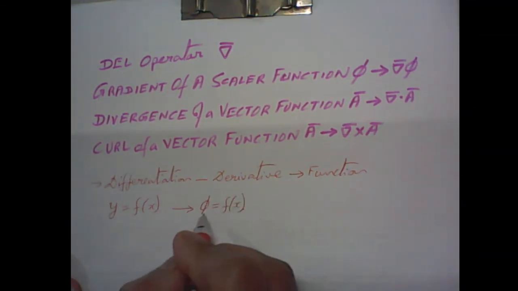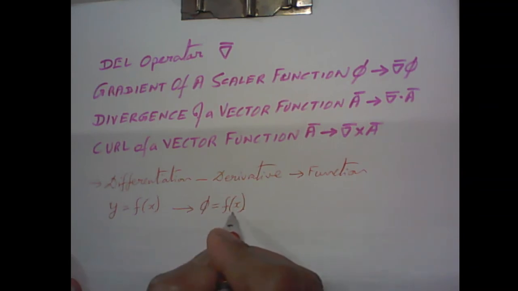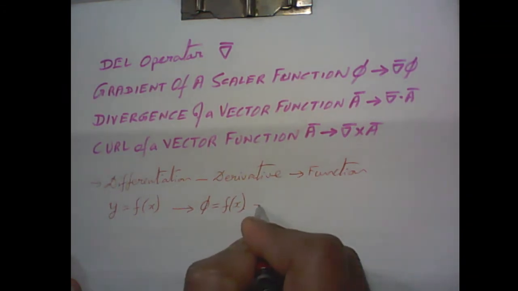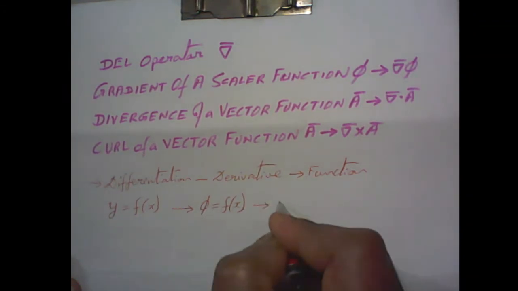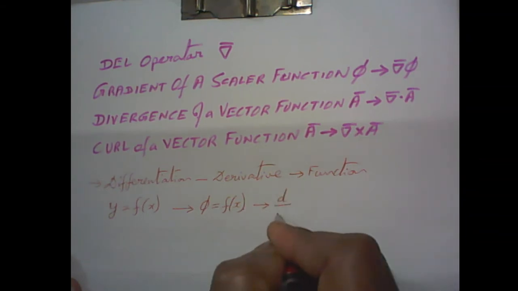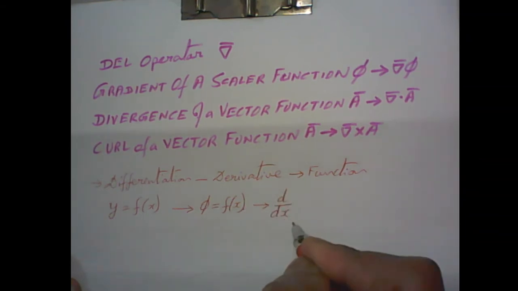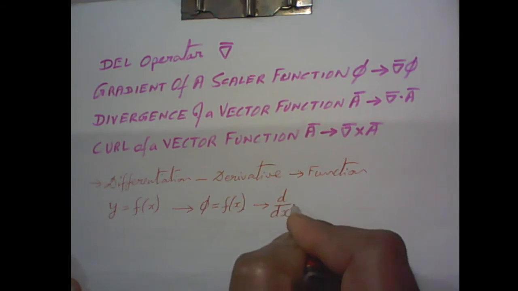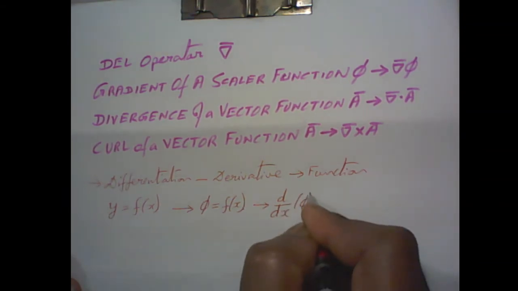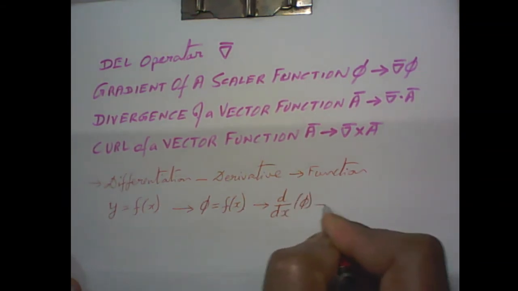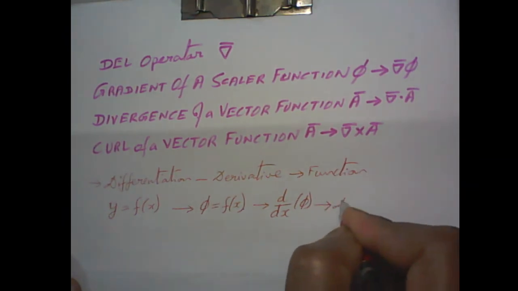So this variable phi varies with x. How do we find the rate of change of phi with x? We can find it by operating on phi with an operator we call d/dx. d/dx is an operator which operates on phi, and the result that we get is the derivative.